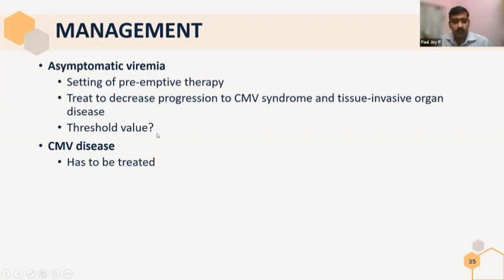But the threshold value for the initiation of treatment varies. Some say that at low levels, they just need to be monitored with probable alteration of immunosuppression, and in moderate to higher levels, they start treatment. And in the presence of CMV disease, it has to be treated.